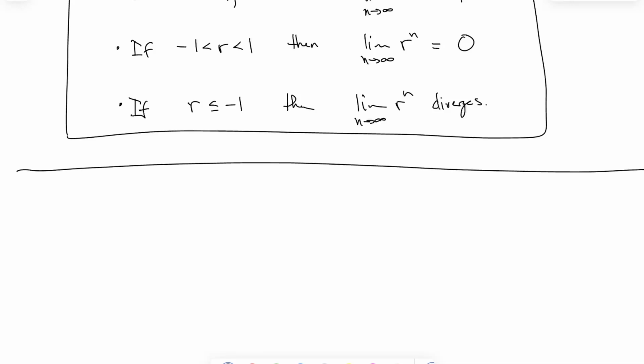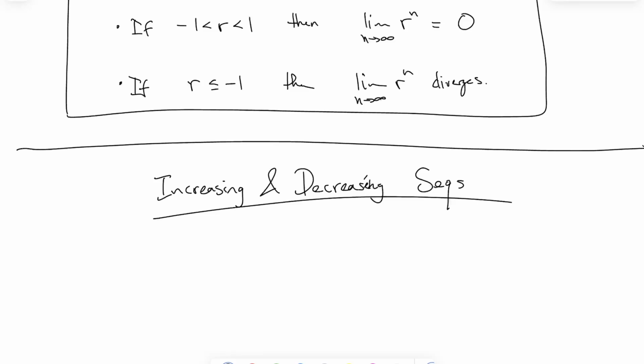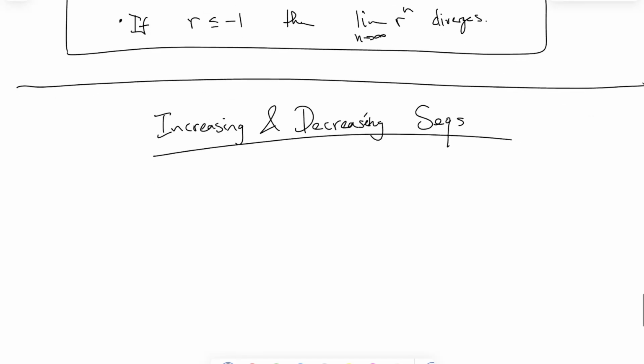This is one of those things that seems kind of simple on the surface, but I want to talk about increasing and decreasing sequences. These words, increasing and decreasing, they mean what you think they mean. Here, I'll write the definition.